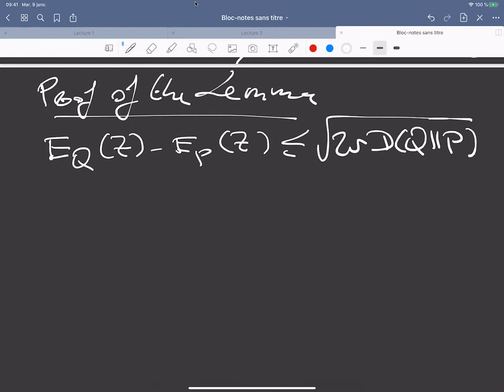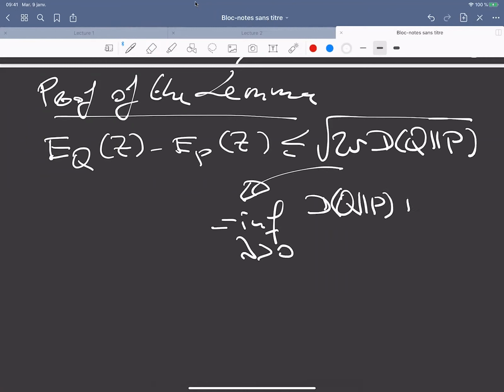And the trick is that this quantity here is equal to the infimum over positive values of lambda, excuse me, of the relative entropy plus lambda square V over 2, over lambda.